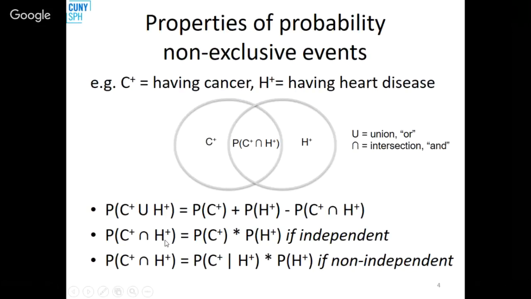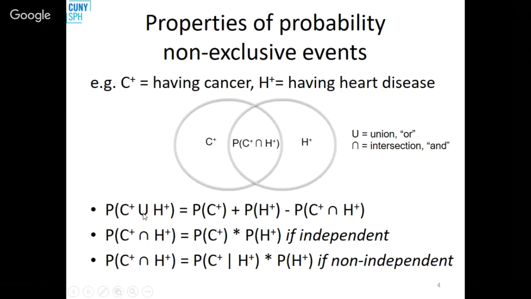For non-exclusive events, these are things that can both be true at the same time. There is an overlap in this Venn diagram. And this overlap area is the intersection, or the and of the two events. So as an example, having cancer and having heart disease, these are not exclusive events. It is possible to have both.